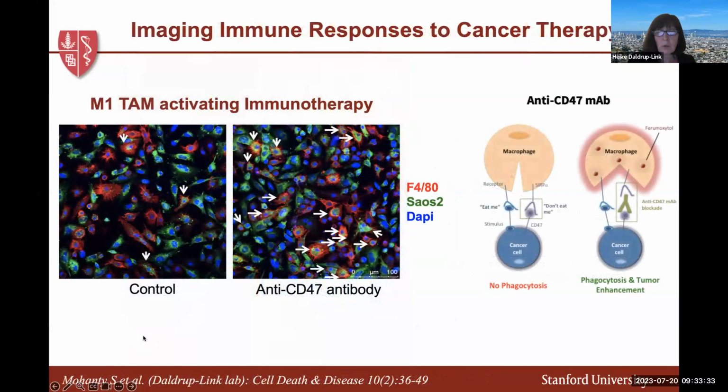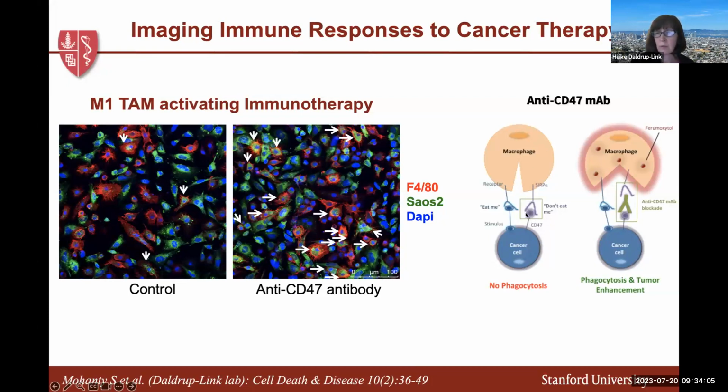We now wanted to apply this imaging technique to monitor new immunotherapies which affect tumor-associated macrophages. One candidate treatment that we wanted to investigate were anti-CD47 monoclonal antibodies. CD47 is a surface marker on cancer cells, which serves as a don't eat me signal for macrophages.